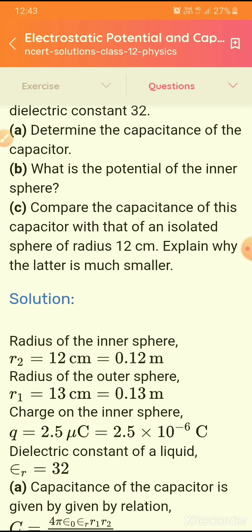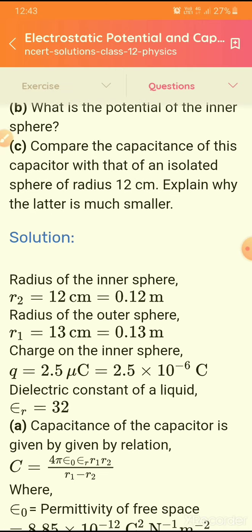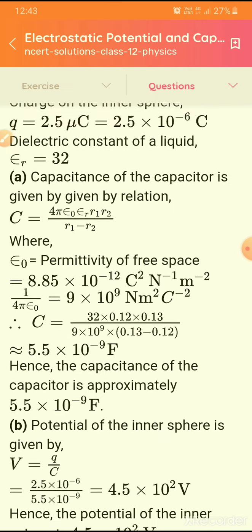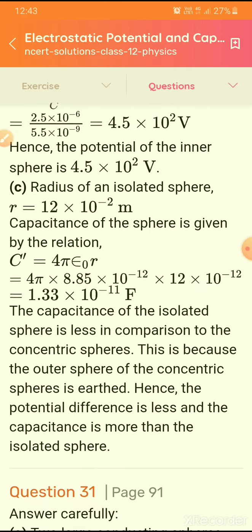Compare the capacitance of this capacitor with that of an isolated sphere. Instead of a capacitor, we have an isolated sphere of radius 12 centimeter. Explain why the latter is much smaller.